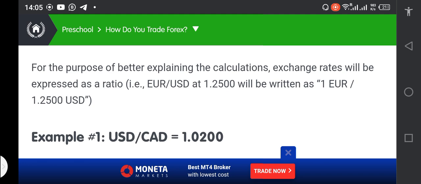That is, euros against the USD at 1.2500 will be written as 1 euro against 1.2500 USD.